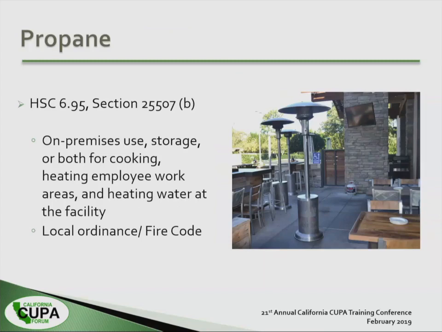Alvin talked about it a little bit, but I'm going to touch on it also. Under Health and Safety Code 6.95, section 2557B, propane, if it's used for storage, for cooking, for employee work areas, you can have up to 500 gallons, and it's exempt. But if you're using it for profit, meaning you're using it to heat up an area outside for your patrons, for people coming to eat at your restaurant, then now you have to report it.